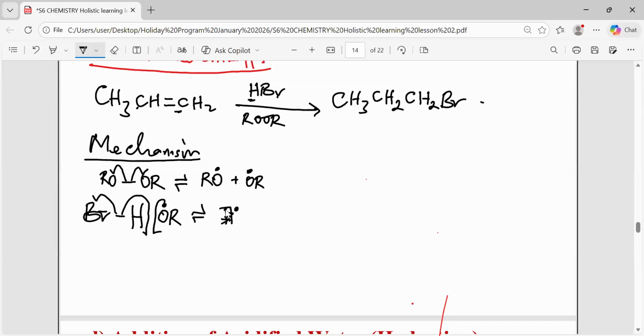So in this case, we shall have the bromine radical and HOR. Because when this one comes and joins with the other one, one electron comes from here, another electron comes from there, they form a bond, forming that full substance.